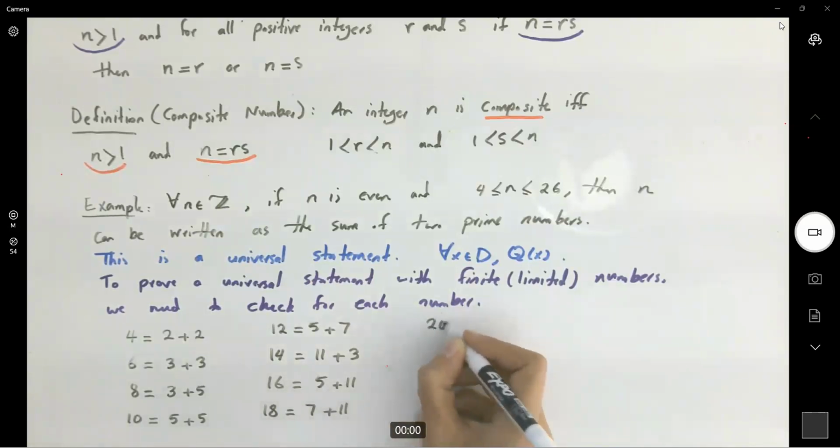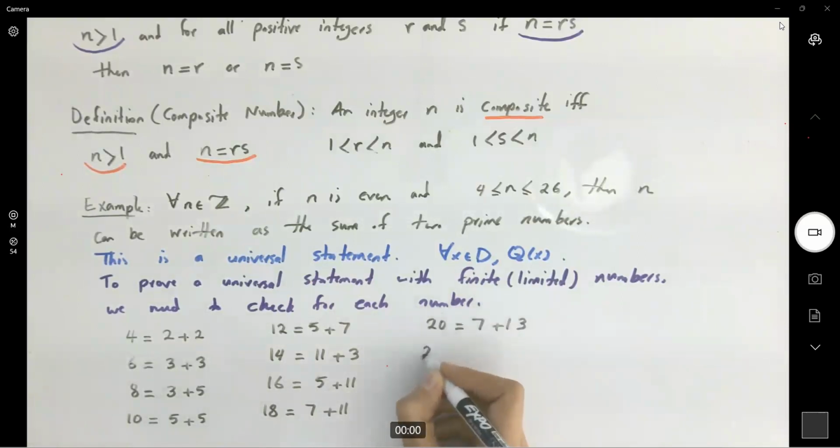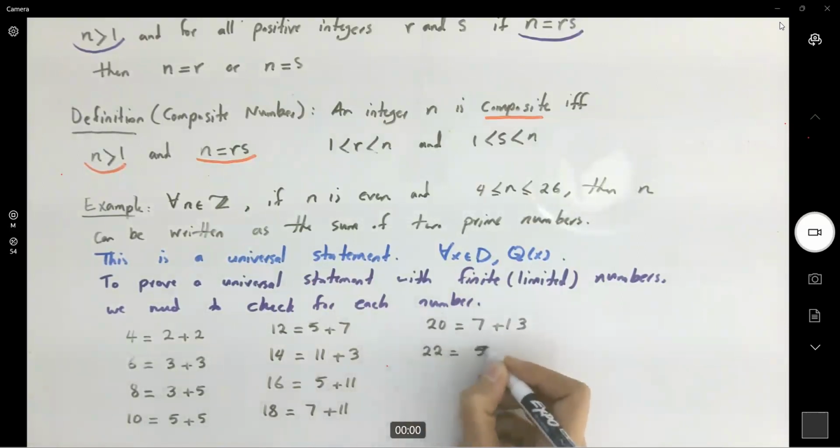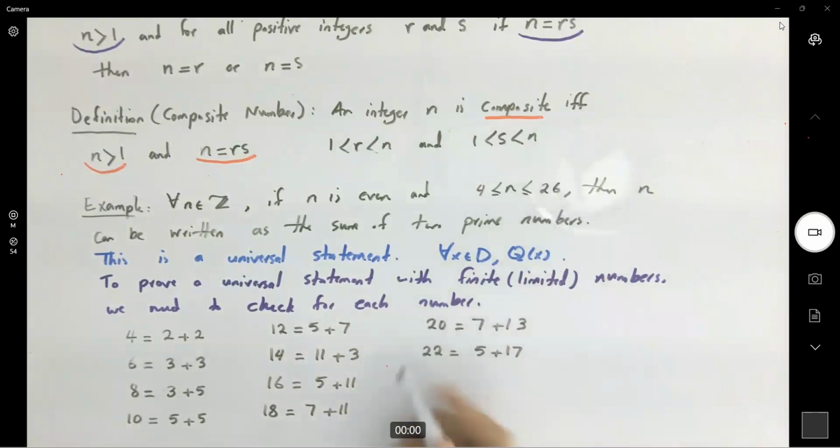Then you have 20. 7 plus 13. 22. 5 plus 17. We have to stop at 26. We still have 24. 24 can be written as 5 plus 19. And finally 26, which is 7 plus 19.